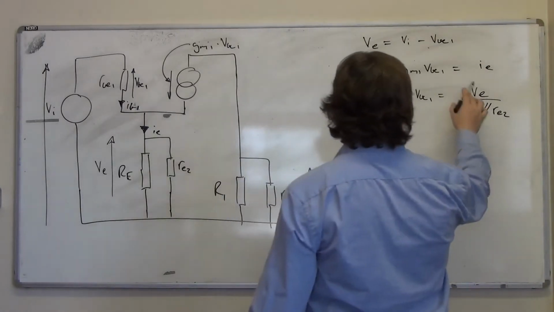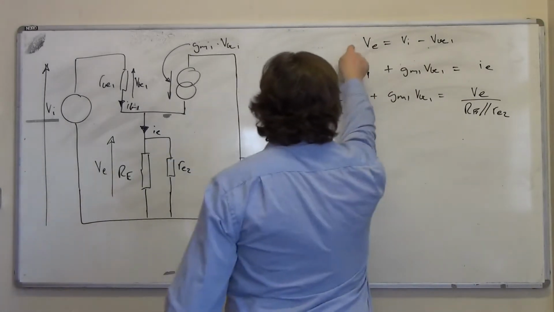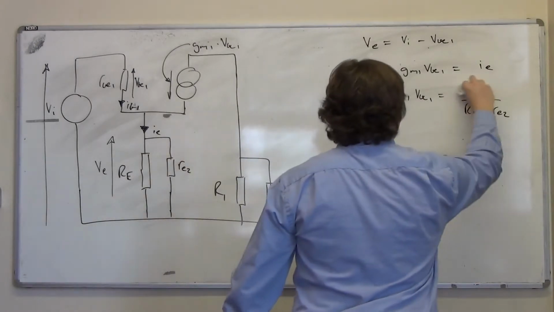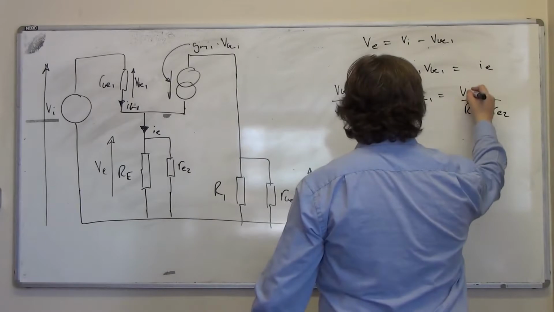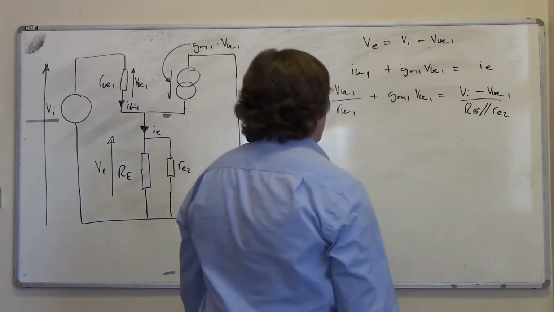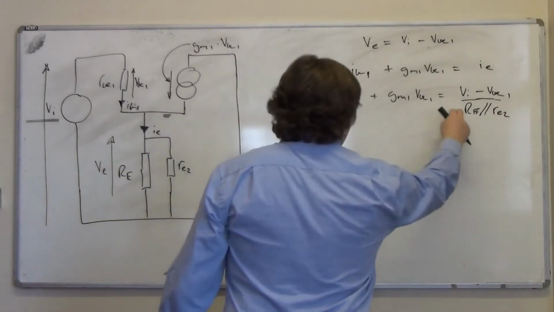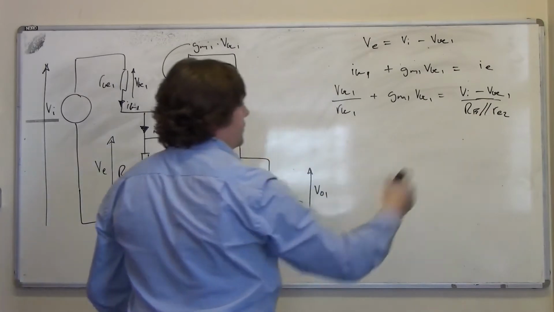And then I can split the VE up using this equation. So I'm going to sub in from my loop that I wrote out to get rid of VE and say it's VI minus VBE1. And I can split this up if I want to, because that can go with that and that can go with that as well, and they can be two separate fractions.